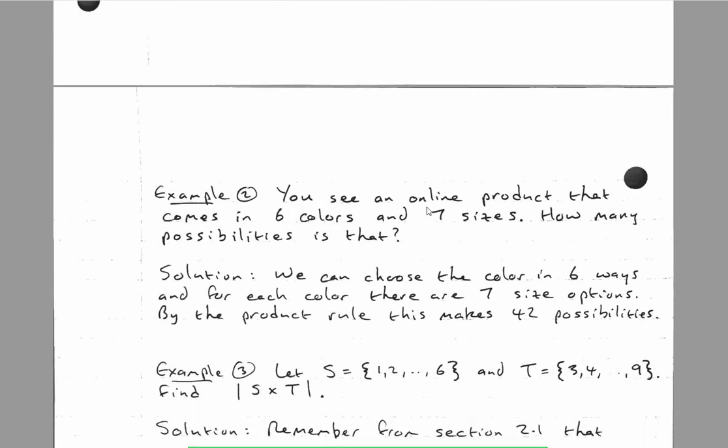Example 2, you see some online merchandise that comes in 6 colors and 7 sizes. How many possibilities is that? If you're going to buy this piece of merchandise, how many options do you have?